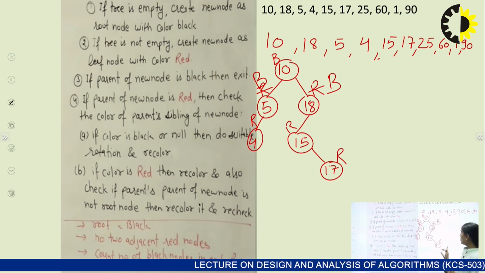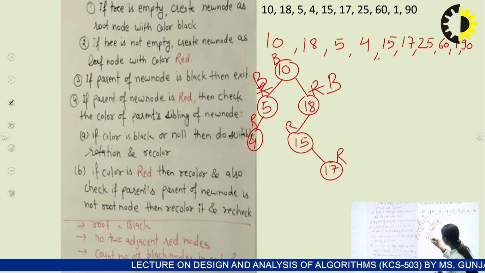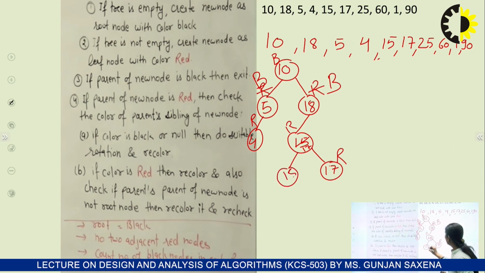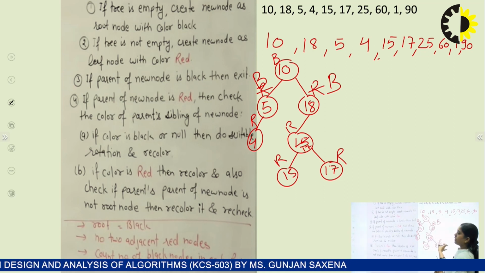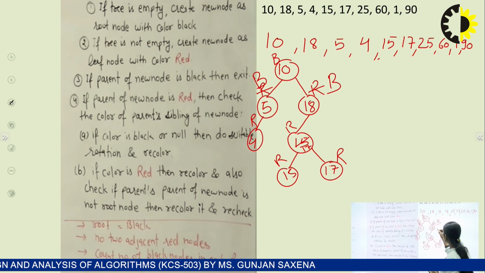So what is the solution? When we are doing the left rotate, then 17 is here and 15 is here. What are the colors? These are the colors. This is the left rotation. After that the right rotation. Then what is the answer?